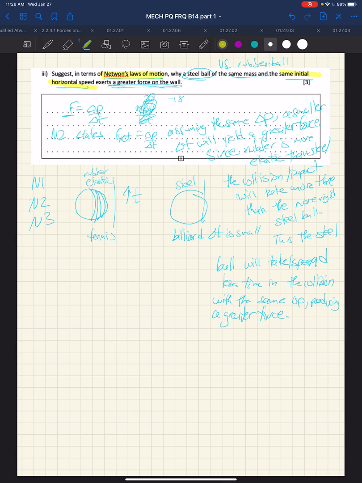Whether or not the velocity goes from 20 to minus 18, or 20 to minus 19, or 20 to minus 20, this is with the rubber ball. The larger and more important part of the change has to do with the time. Since we're not given the final velocity, we really shouldn't comment on it. And what we did is we explained ourselves saying the same delta P. And that's B14.